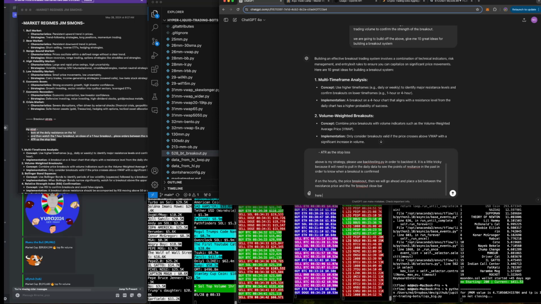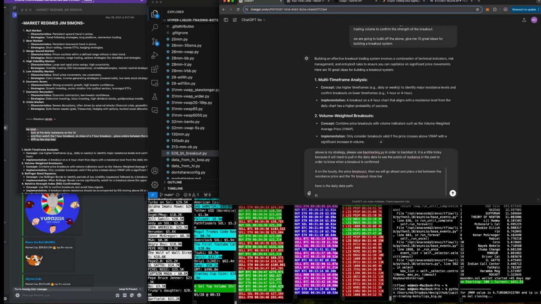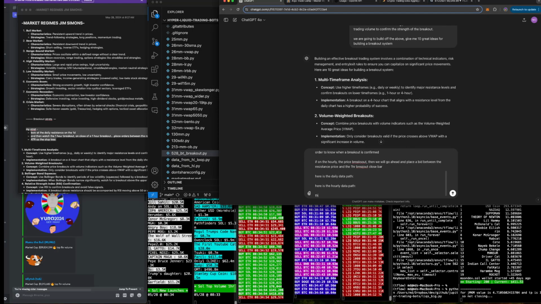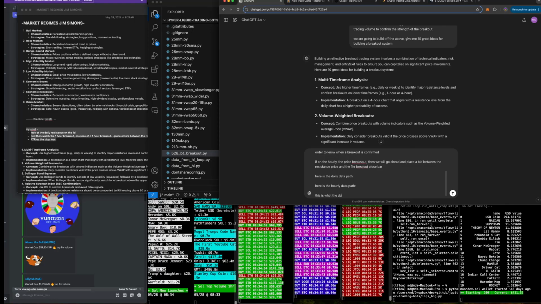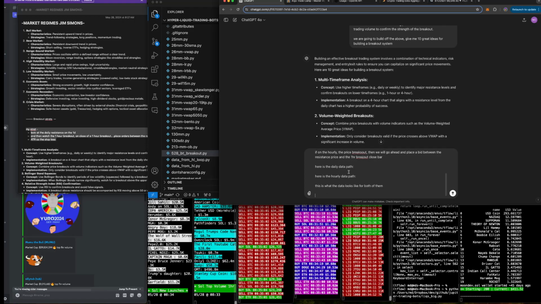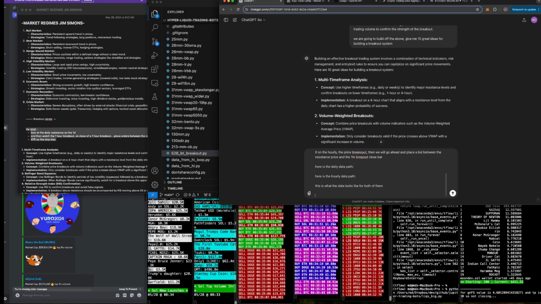Here is the daily data path. Here is the hourly data path. This is what the data looks like for both of them. Okay.